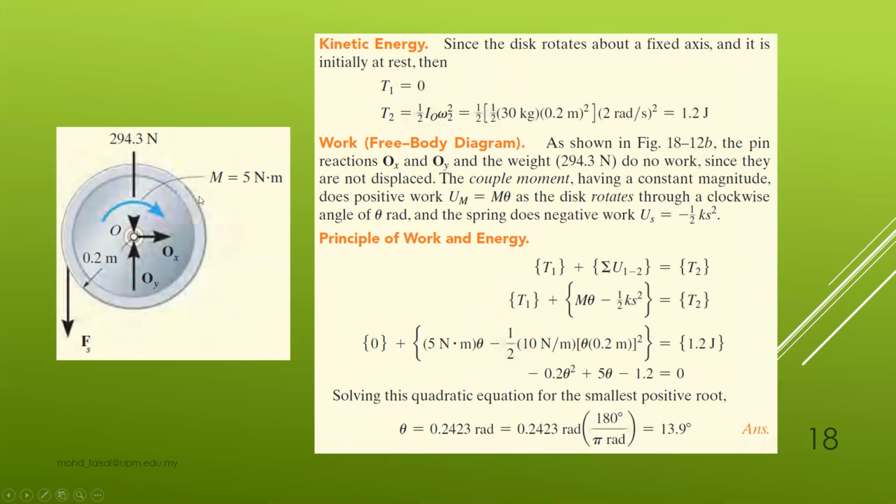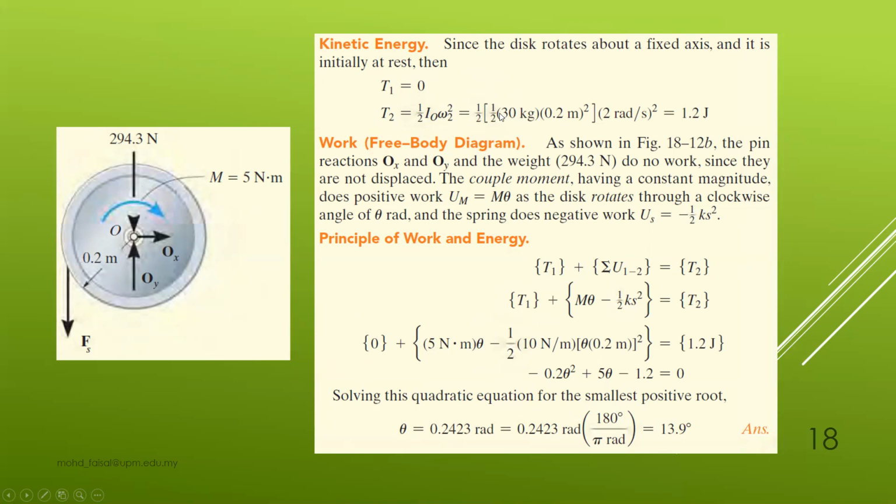Then when this moment starts to give something, this disc will rotate. Then you have this kinetic energy due to the rotation. Okay, Io here is the mass moment of inertia of this disc.